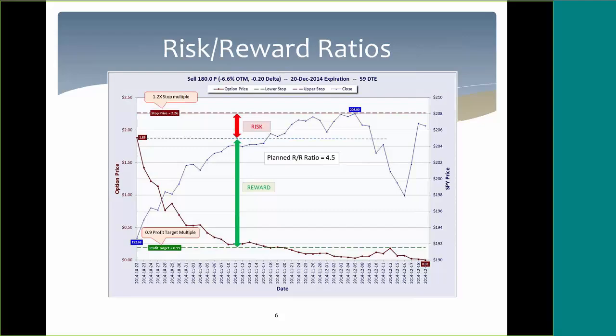It all has to work together, your risk-reward ratio and the stops you're using. It's all a holistic type of thing, so you can't look at anything by itself. But in any event, this is very critical to understand how much you're willing to risk on each trade and what you expect to make.